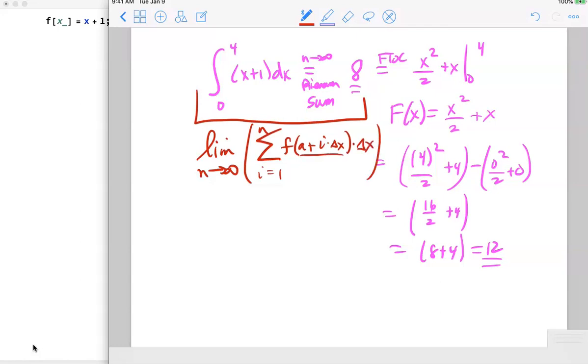And it's this case, when we're doing the a plus i delta x, that we're doing right endpoints for this problem. Now there are other endpoints you can do, but I think the easiest way to write down this definite integral as a limit is as right here. So this Riemann sum is the idea that we're going to try to continue doing in Calculus 3.